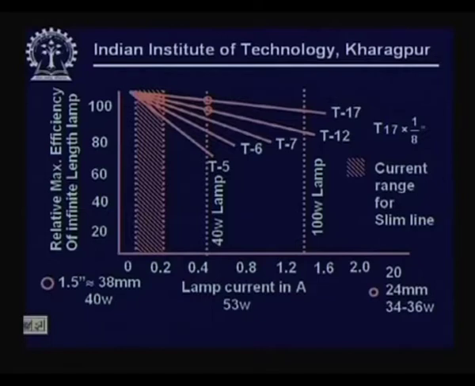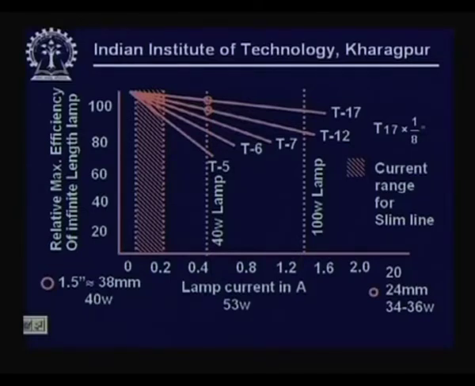Now, what we are trying to see is that when you are operating the lamps, say below 0.2 amperes of current, you do not find much change in the relative energies or relative maximum efficiency of the lamp with the length for all the diameters that are considered. You have T5 to T17, if you see.